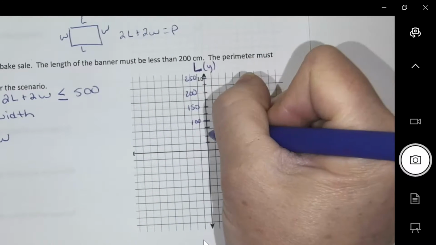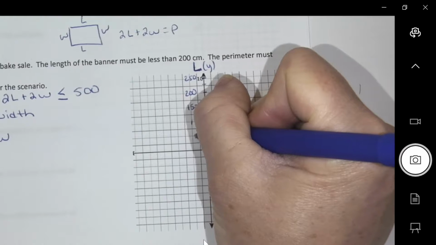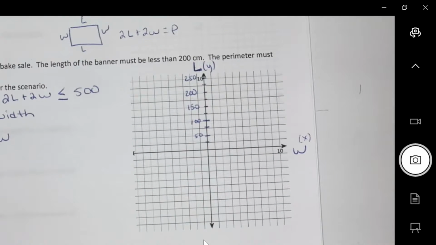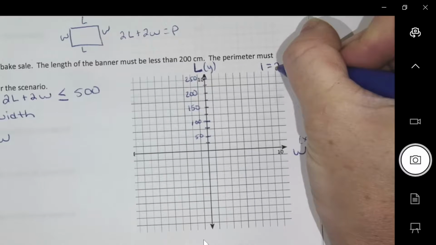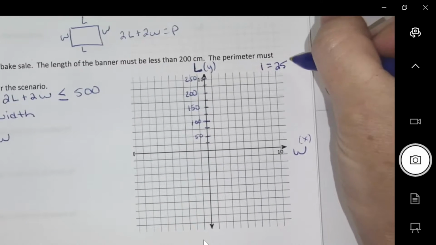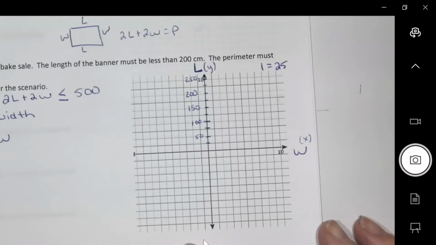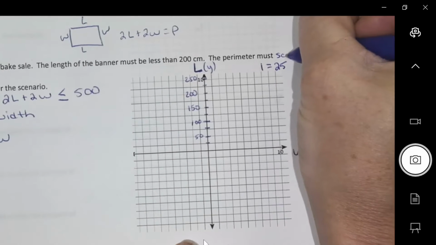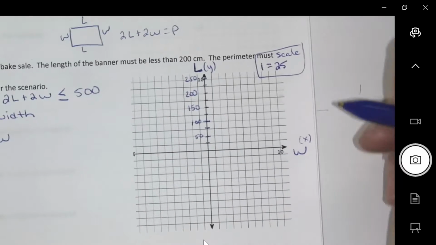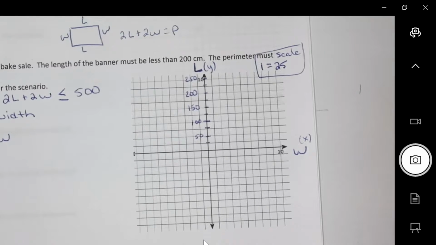I'm going up by 25s. Okay, so there's my scale. I put 1 is equal to 25.